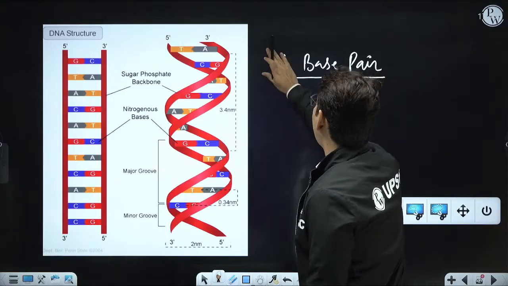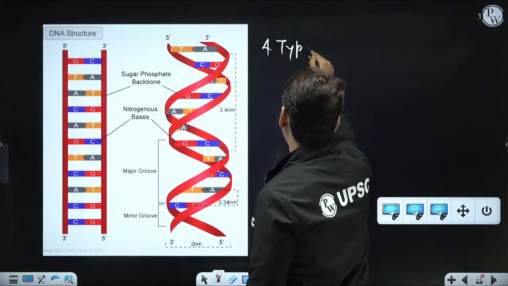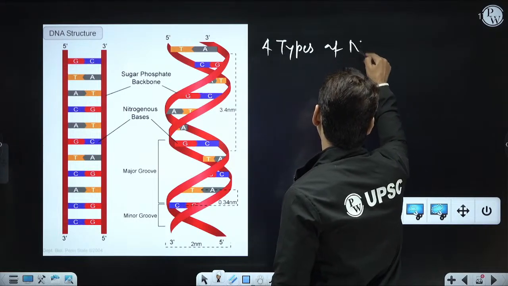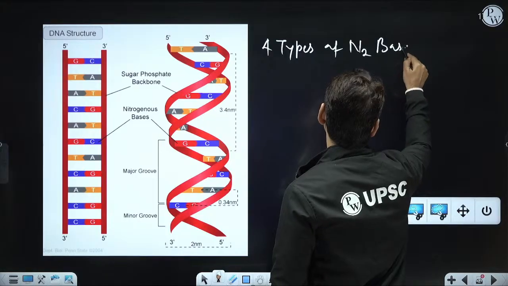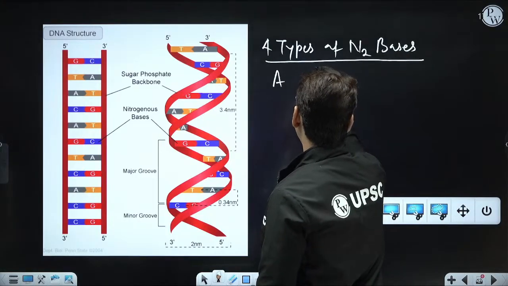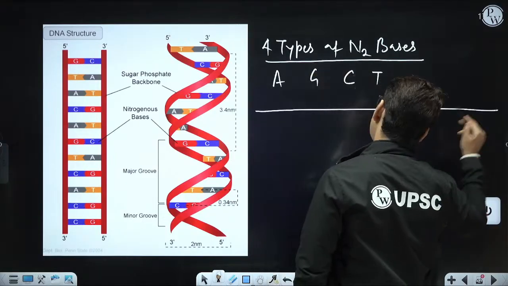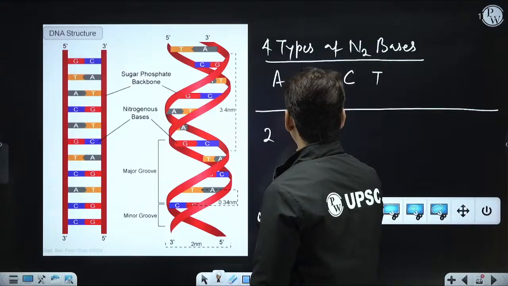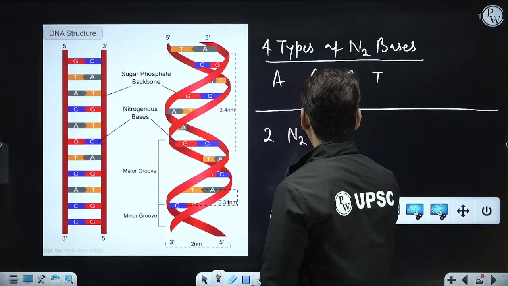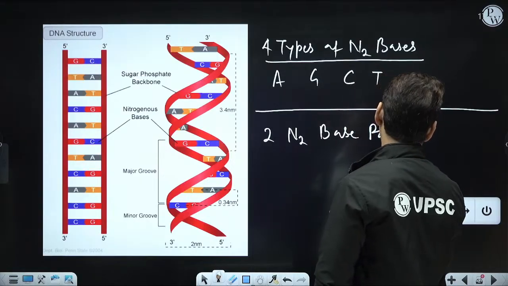DNA will have 4 types of nitrogen bases. What are those 4 types? Adenine, guanine, cytosine, and thymine. And now 2 nitrogen base pairs.